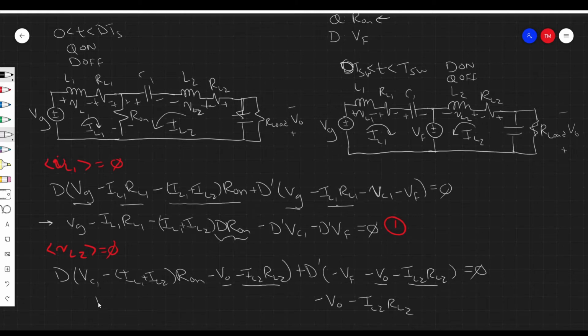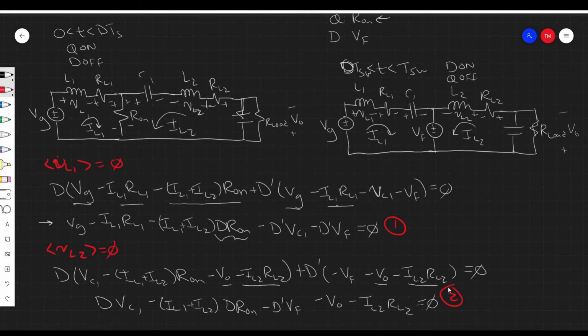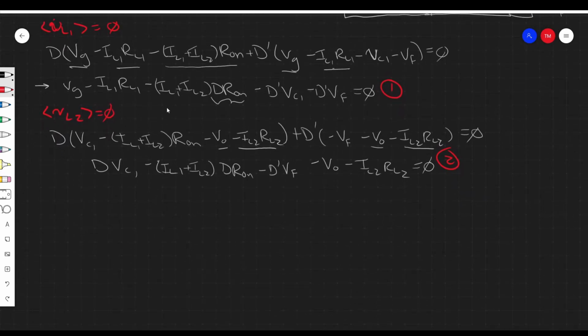In the first switching state, we have D VC1. We also have minus IL1 plus IL2 times D R on. And the final component is minus D prime VF, and that is equal to 0. This is our equation 2, right? So we're going to make a loop out of this, eventually.